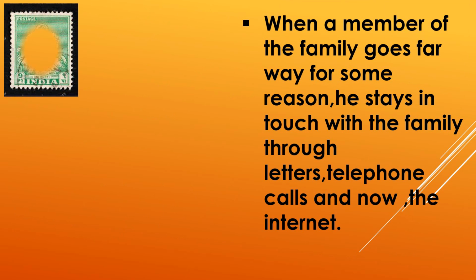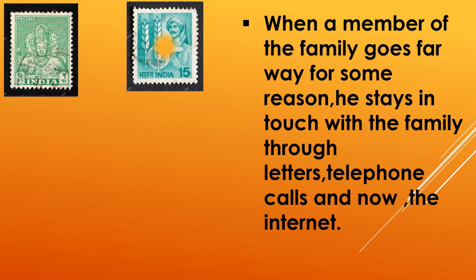Children, look at the picture of the stamps. Changes are made in the stamps. Here, this is a stamp of India. It talks about power. The second stamp tells us about the farmer. As you can see, the grains.